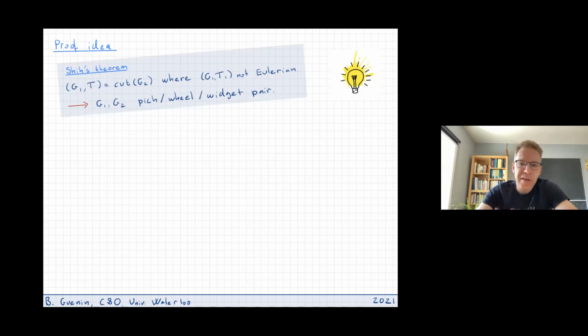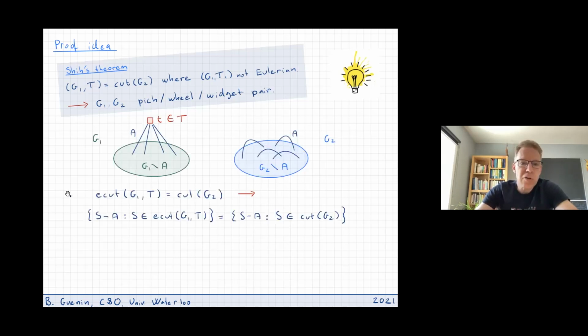The basic idea is to essentially reduce the problem to Whitney's theorem. Whitney's theorem characterizes the relationship between two graphs when they have the same set of cycles, or equivalently when they have the same set of cuts. So what you do is you try to prove Shea's theorem using a version that involves cuts. So you say that the even cuts of the graft (G1,T) is equal to the cuts of G2.